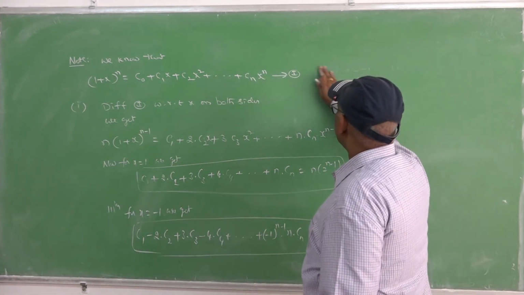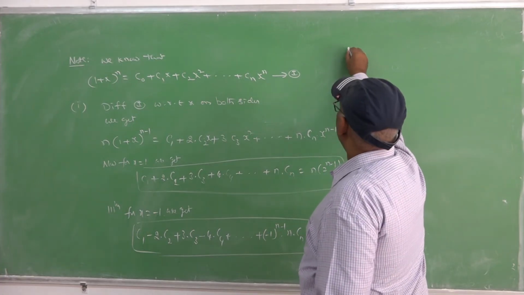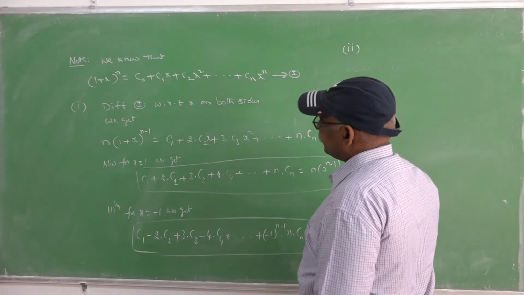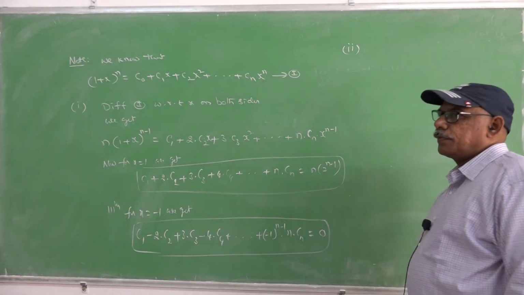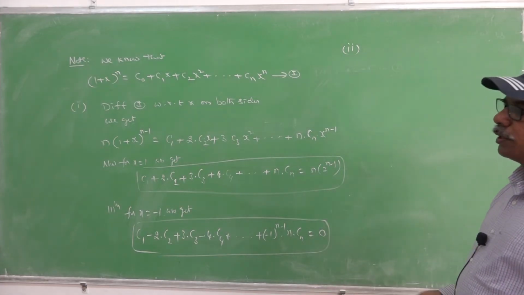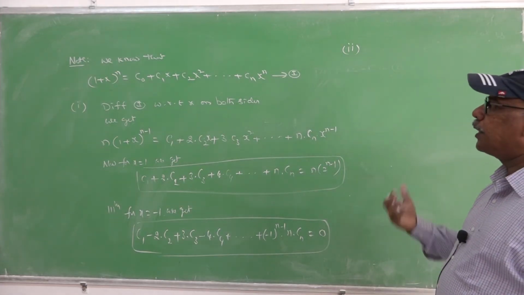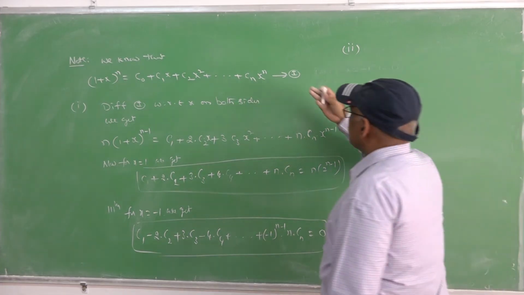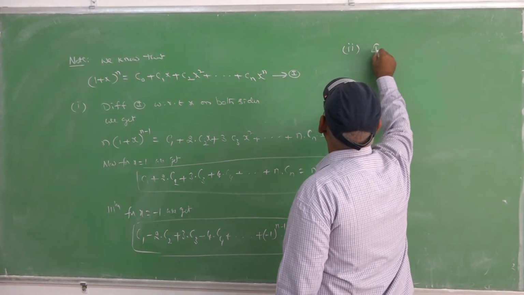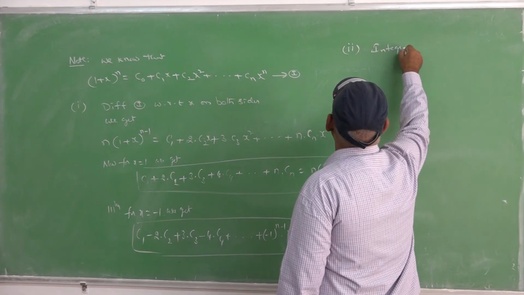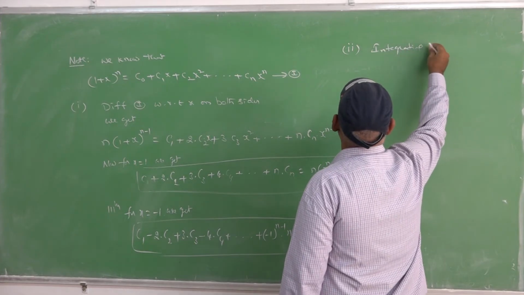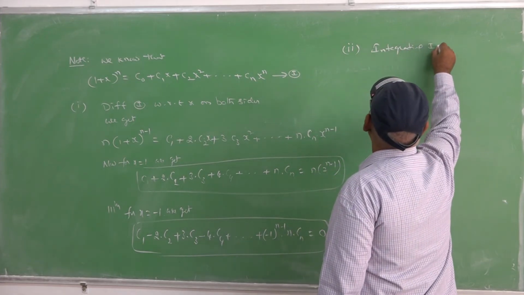This is one result. The second result is, instead of taking differentiation, you can integrate result 1, the expansion 1, integrating both sides.